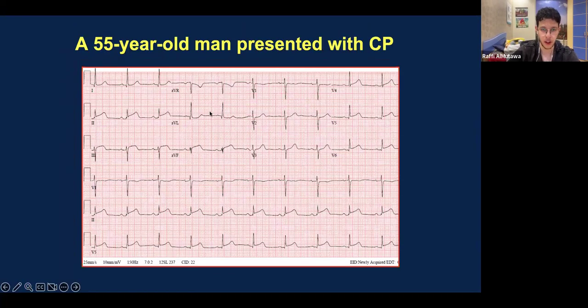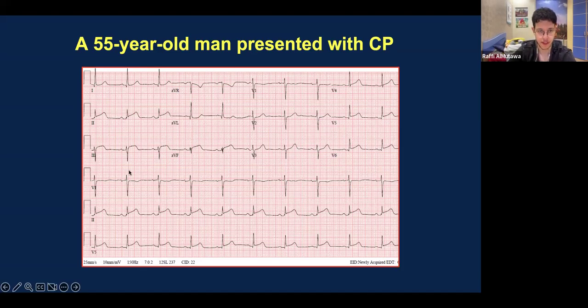What about this patient over here with chest pain? V5 is affected without V6. Exactly. It needs to be contiguous or consecutive. So this is inferior.